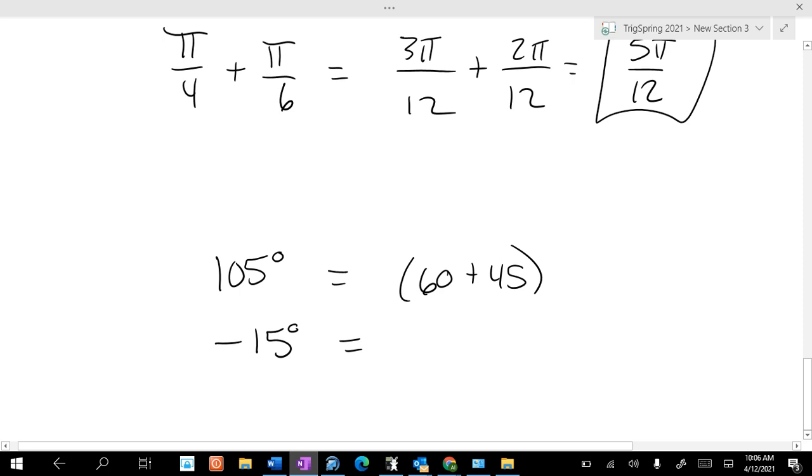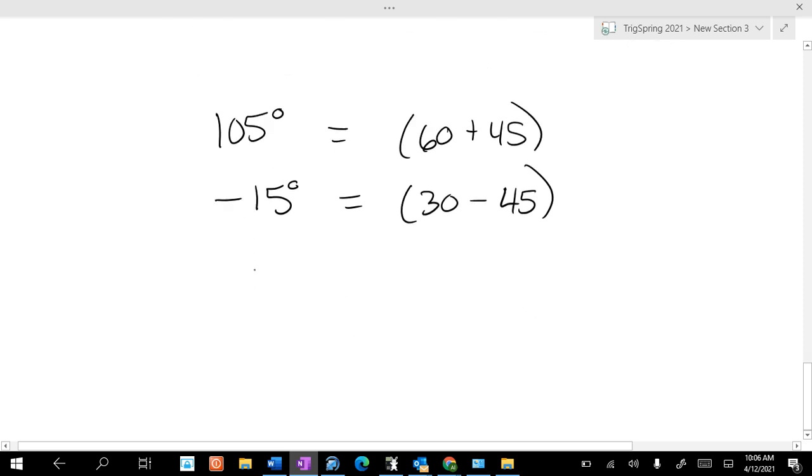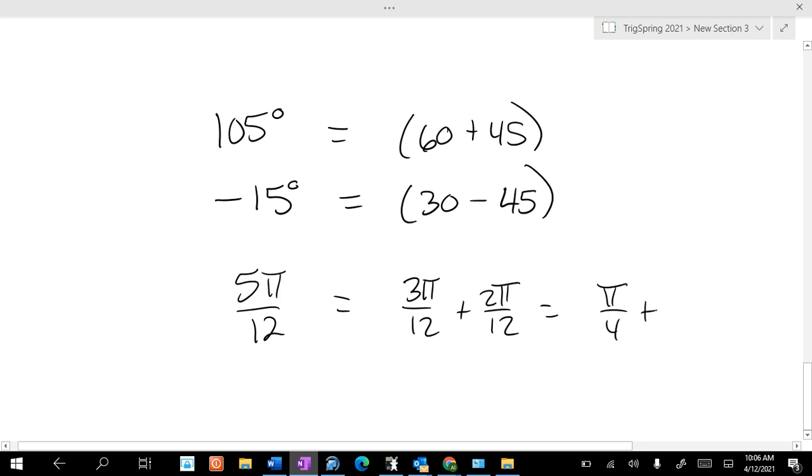What two numbers from a unit circle would make negative 15? 30 minus 45 degrees. Okay. So what two numbers would make 5 pi over 12? 3 pi over 12 plus 2 pi over 12, which would be pi over 4 plus pi over 6.